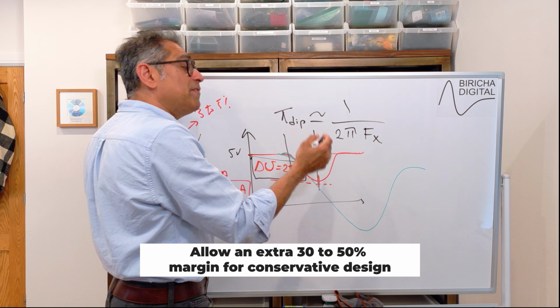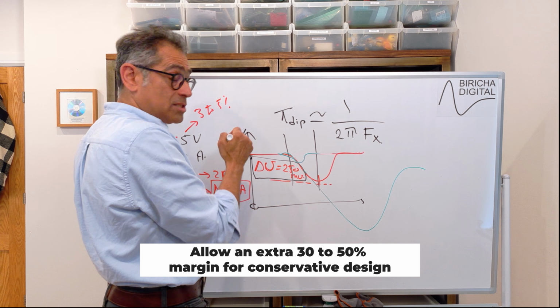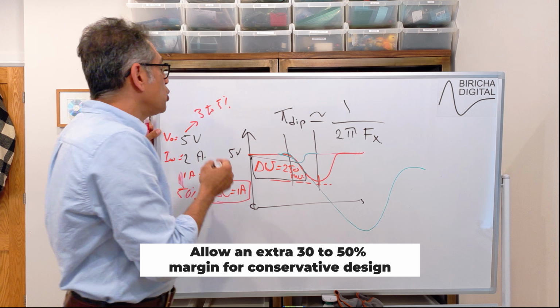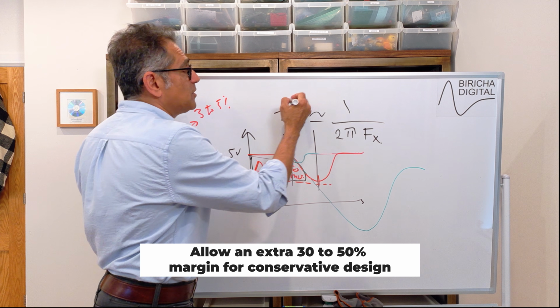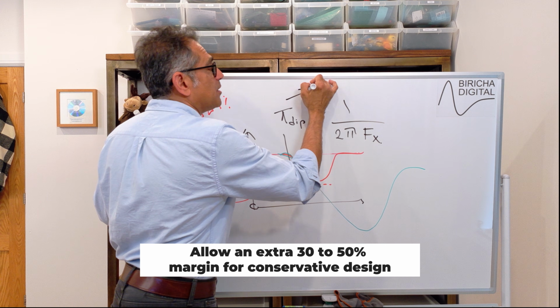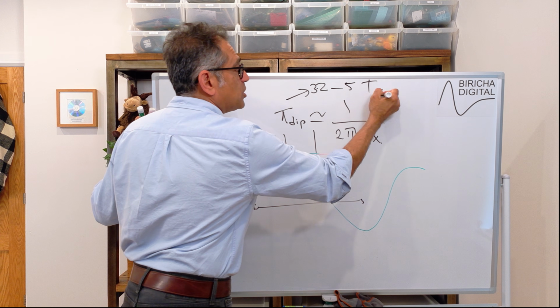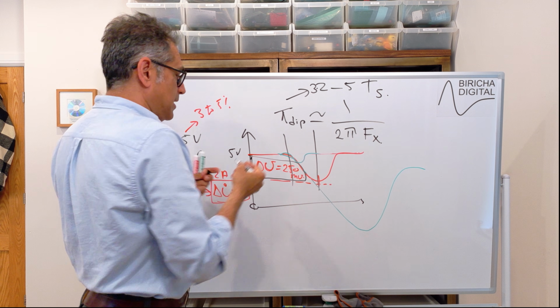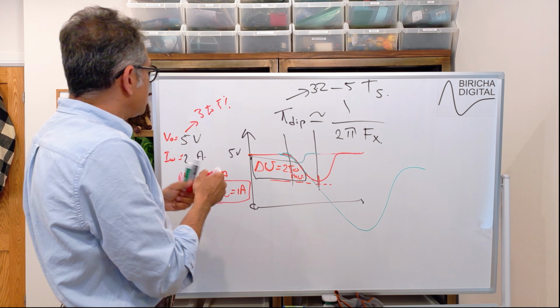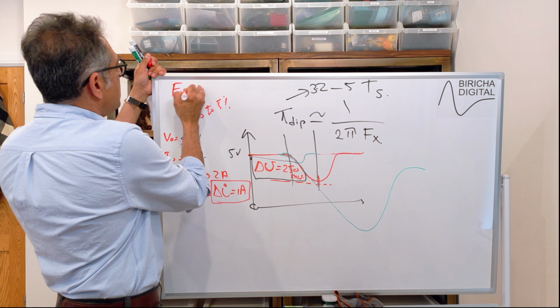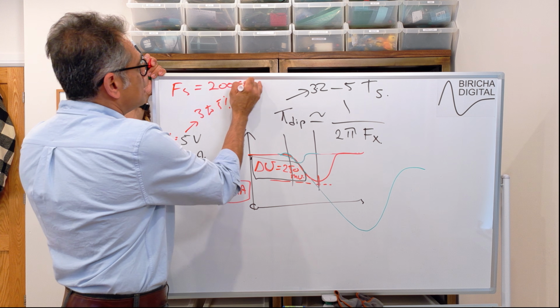If it's not given and you wish to still size your capacitor, then a good value for T dip is around 3.2 to 5 switching cycles. Let us say that my switching frequency Fs was 200 kilohertz.